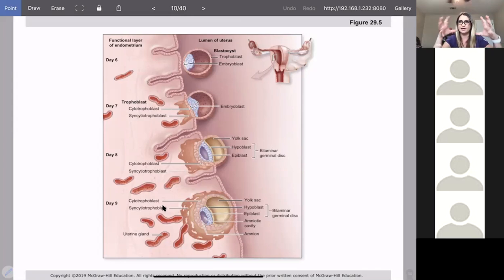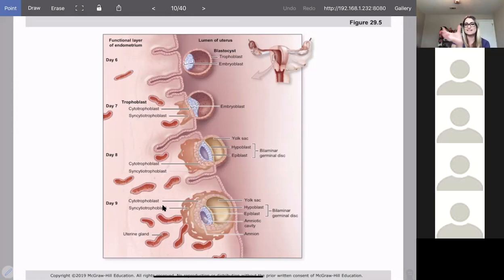Think about it as like when a plant creates roots almost, okay? So the syncytial trophoblast is getting larger and larger here, right? And that's because those cells are multiplying and they're invading that uterine lining.